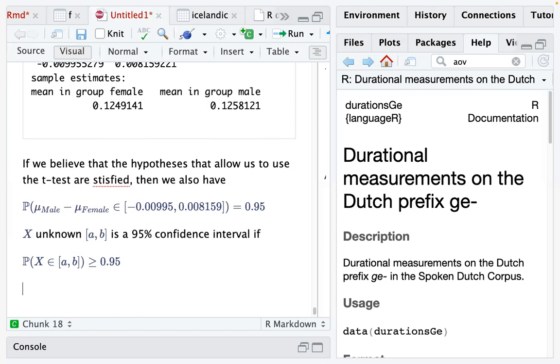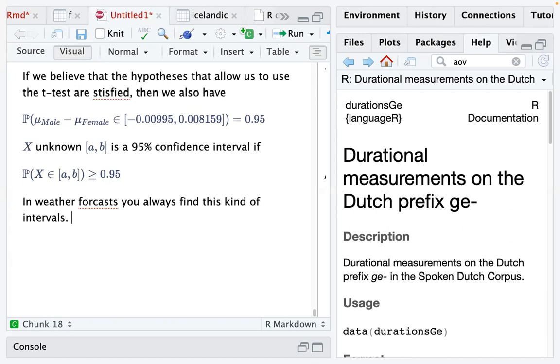So you find these intervals when you look at the weather forecast. In weather forecasts you always find this kind of intervals.